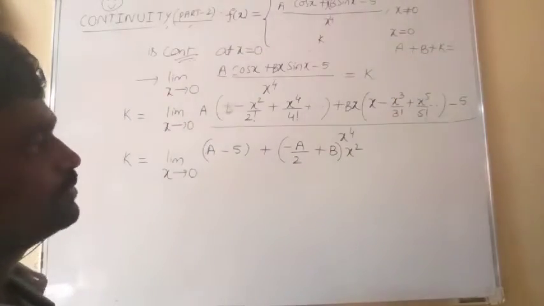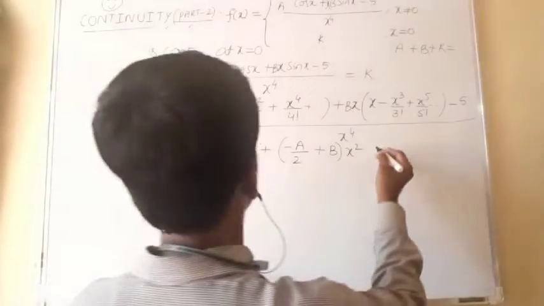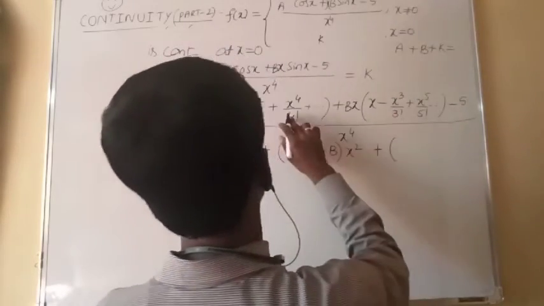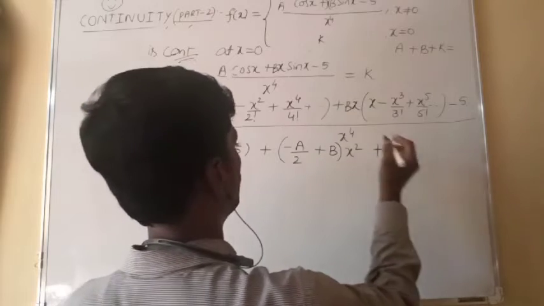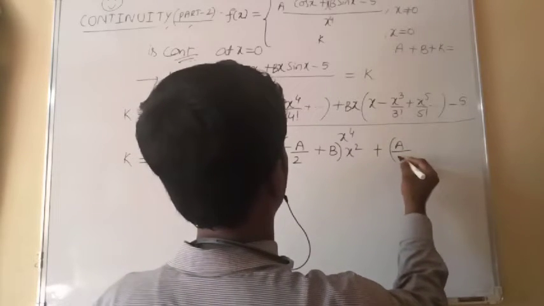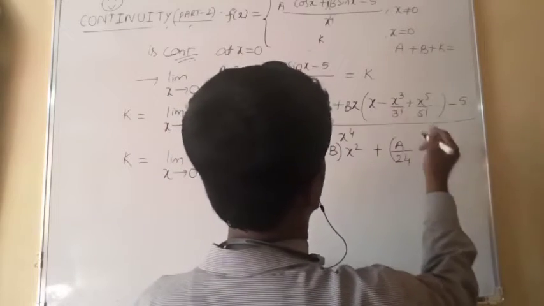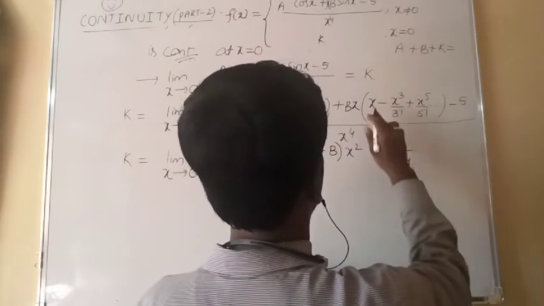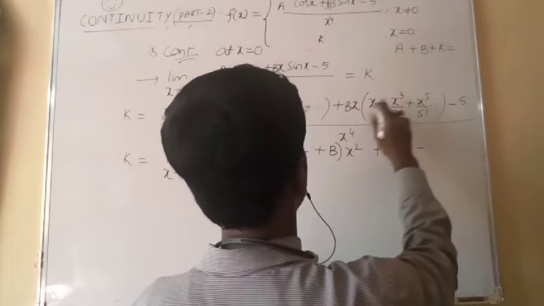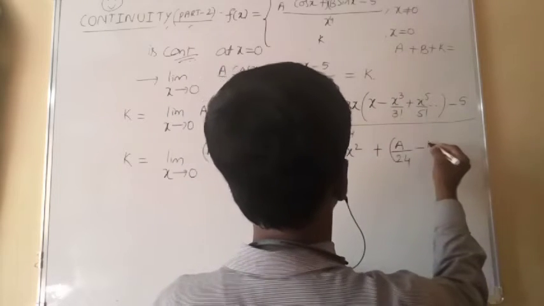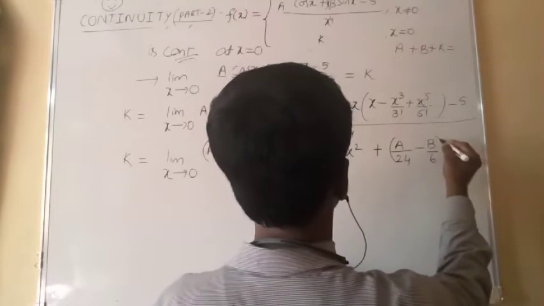Next the x cube term you won't get; the x power 4 terms you collect. So the x power 4 term, what you will get? A into x power 4 by 4 factorial, 4 factorial is 24. Next bx into x cube by 3 factorial with the minus, bx power 4 by 3 factorial, that is b by 6, 3 factorial is 6, into x power 4.